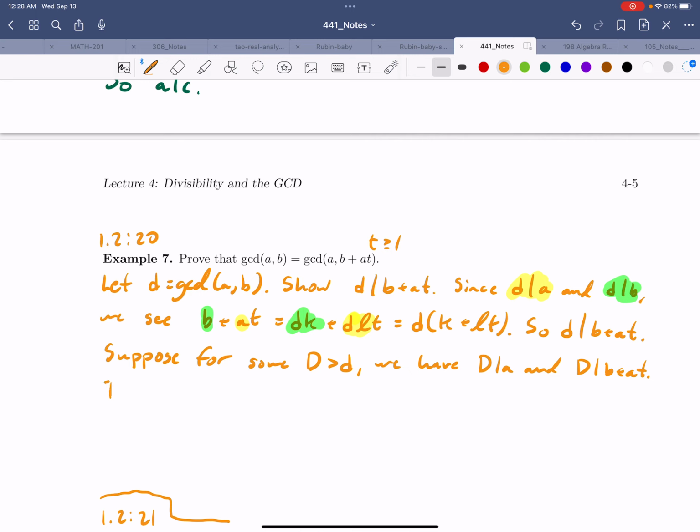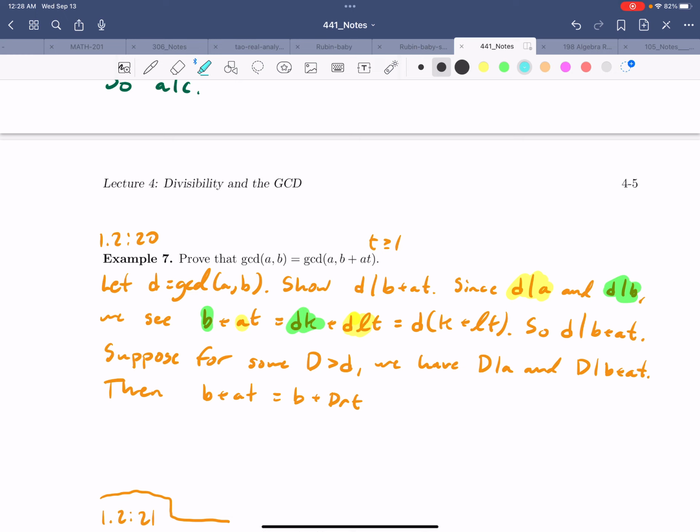Well, then what's going to happen is, on the one hand, B plus AT is going to equal B plus, well, we know that A is a multiple of D, so we'll call that DRT. Again, where are we getting that from?